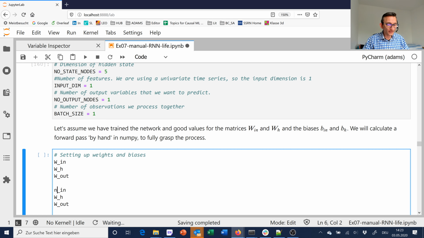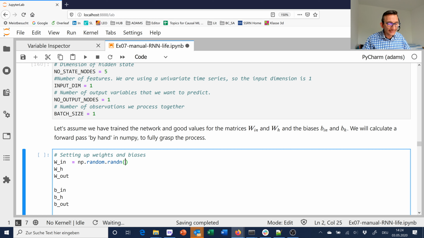And also we need corresponding biases. And each of these matrices and bias vectors we will initialize randomly. And well, to keep things very simple, I will be a bit ignorant and just use random numbers. I would not even bother with setting a seed. What really interests me is the dimensionality of these matrices.